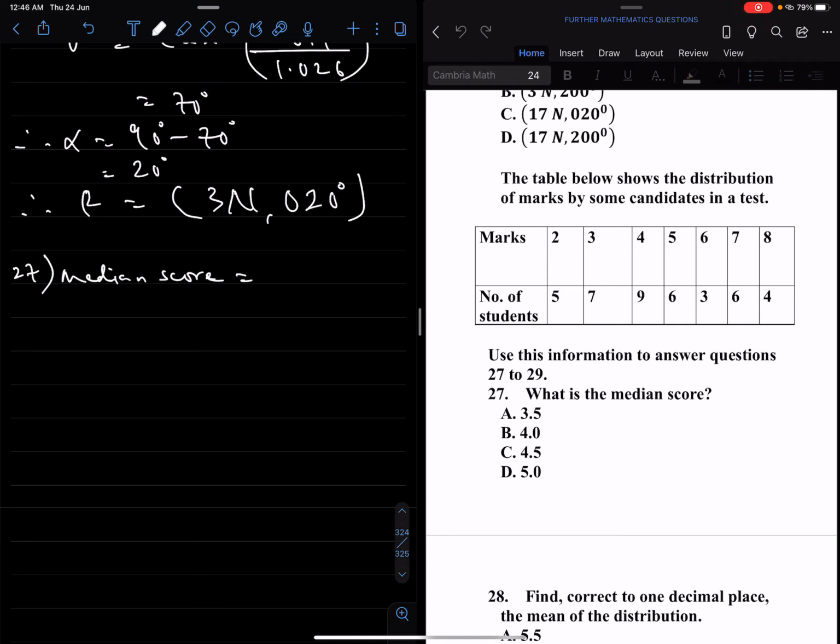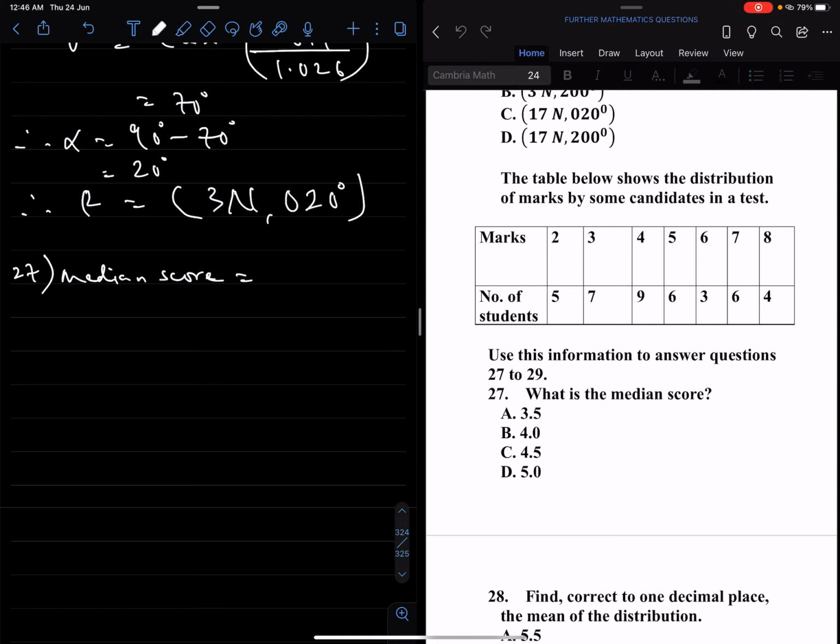So the median score is the score of the student in the middle, and the total frequency is 5 plus 7, 12, plus 9 is 21, plus 6 is 27, 30, 36, 40 here. So the median score is the 20th person's score. 5 plus 7 is 12, plus 9 is 21.